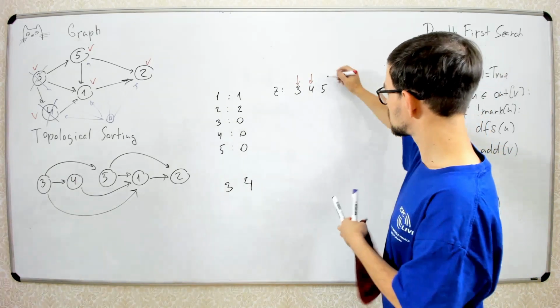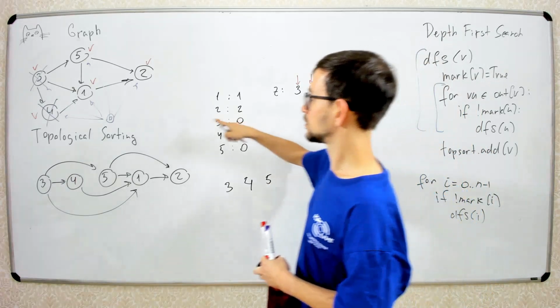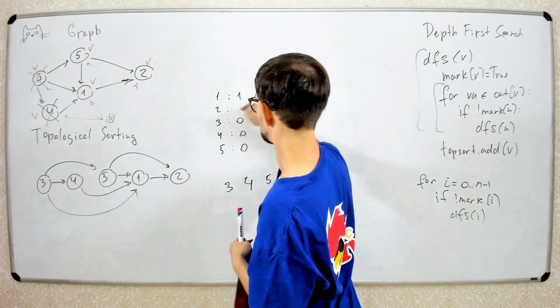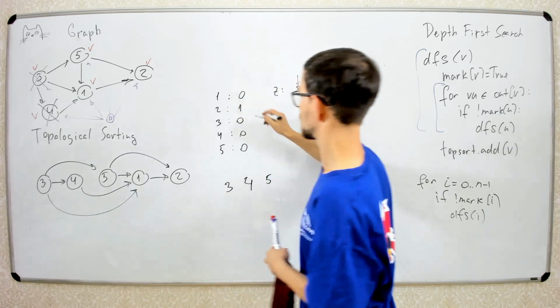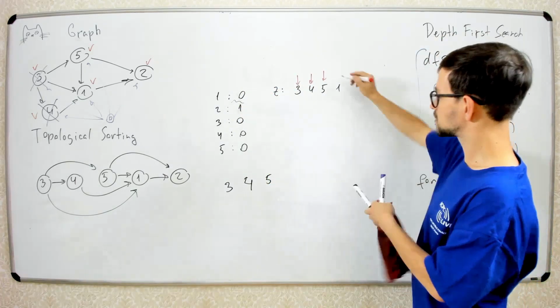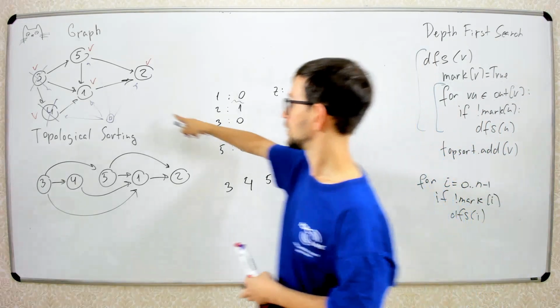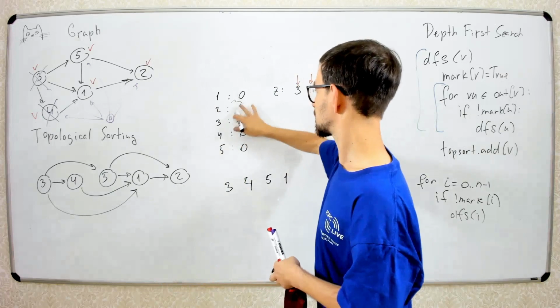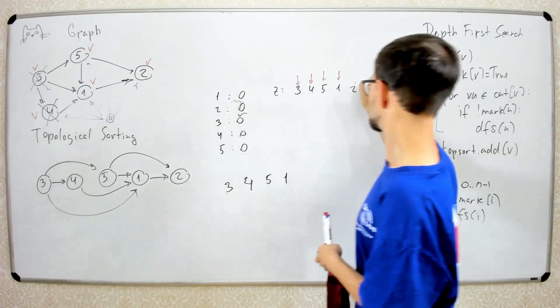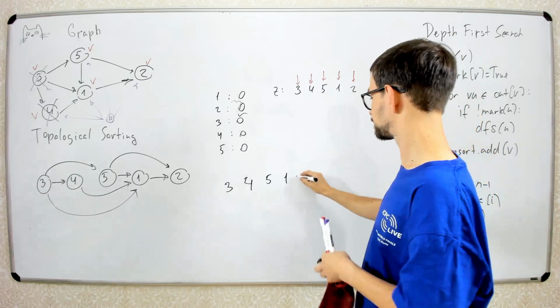You take this node, put it here, decrease the counters for nodes 1 and 2, so here is 1, here is 0, see this 0 added here. Now you take this node, put it here, iterate over this edge, decrease this counter, put this here, and so on. Take this node, put it here.